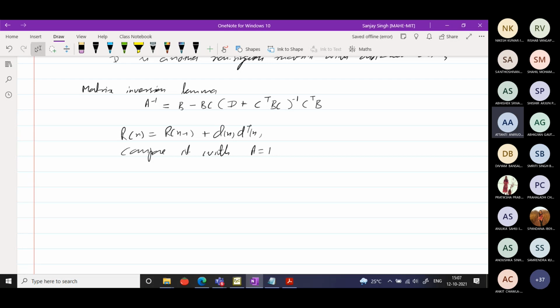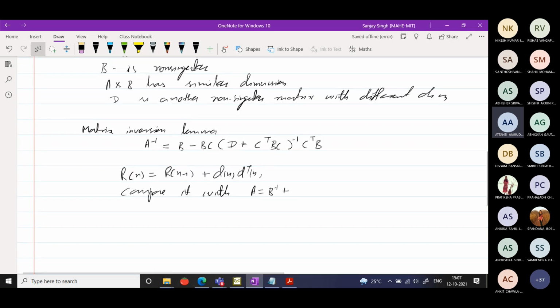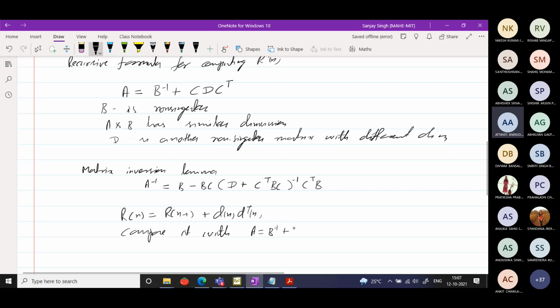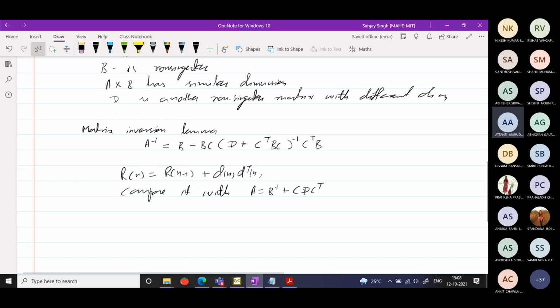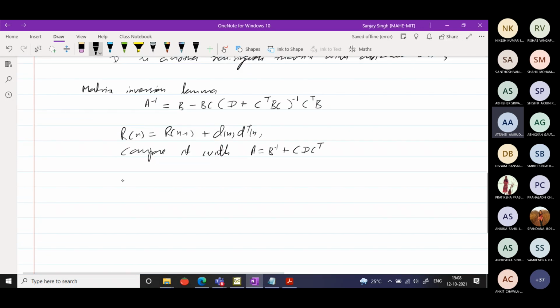A equal to B inverse plus, what was that? C D C T. Compare this and this, and see what you are going to get.